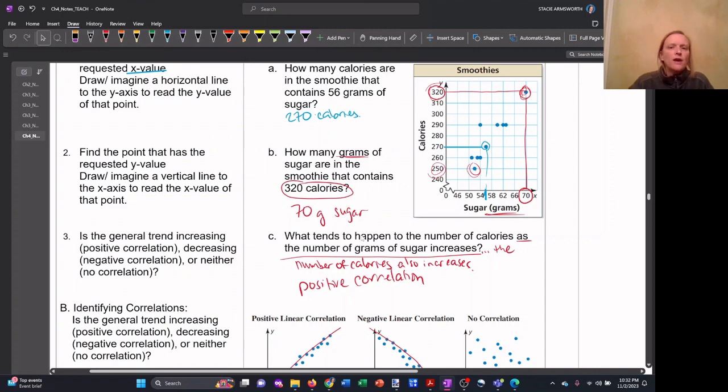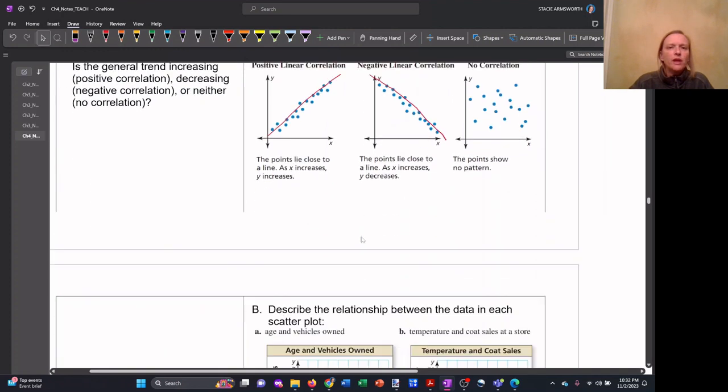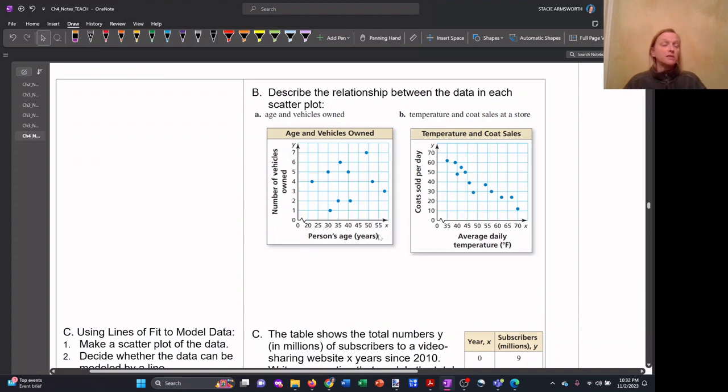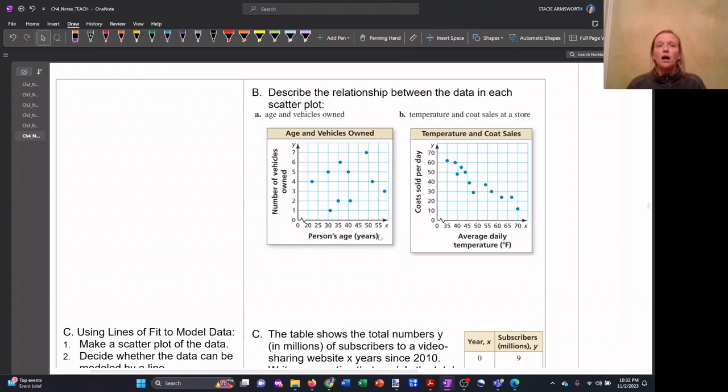Let's look at a couple other graphs and see if we can interpret whether they are positively correlated, negatively correlated, or not correlated at all. Here we have a relationship between a person's age and the number of vehicles currently owned, apparently.